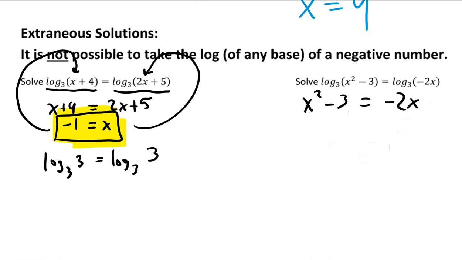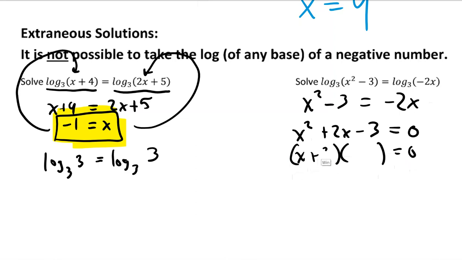So you set those equal to each other. You say, okay, well wait, that's a quadratic. Quadratics really need to be all on one side set equal to 0 to solve. You factor that, you see that negative 3 makes this equal 0, and positive 1 makes that equal 0.